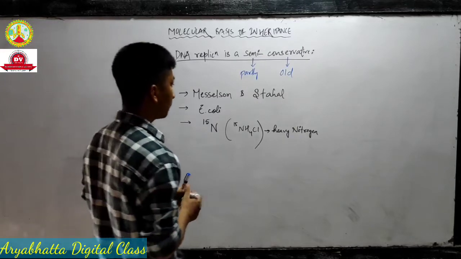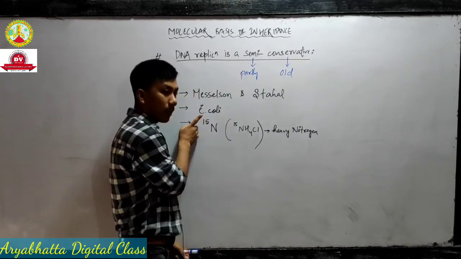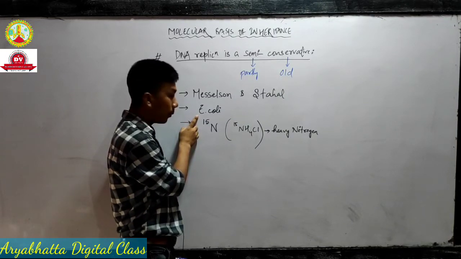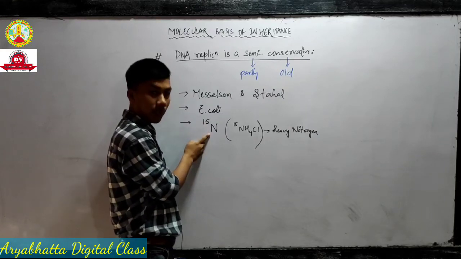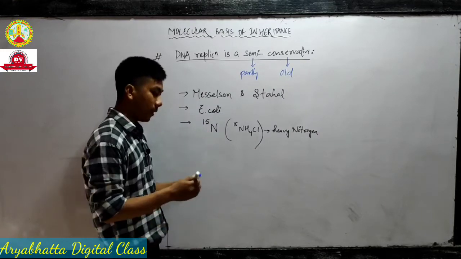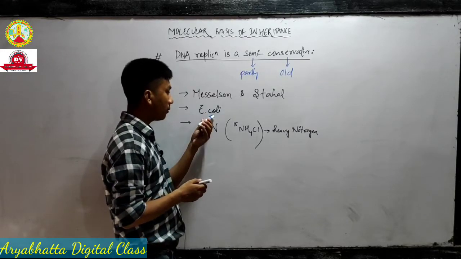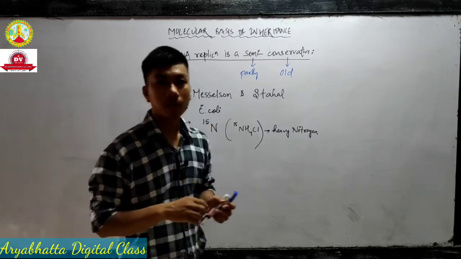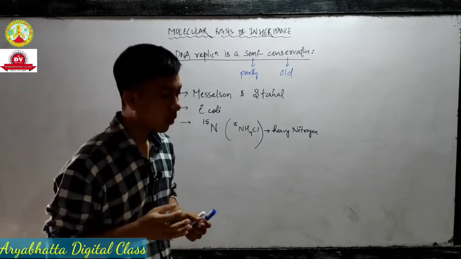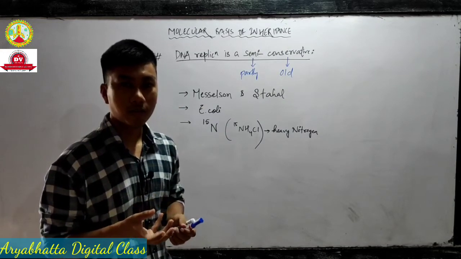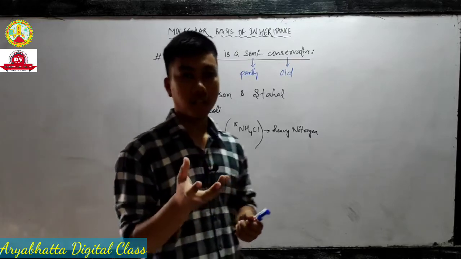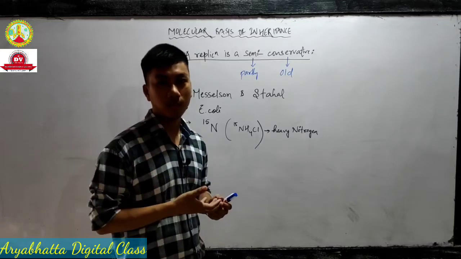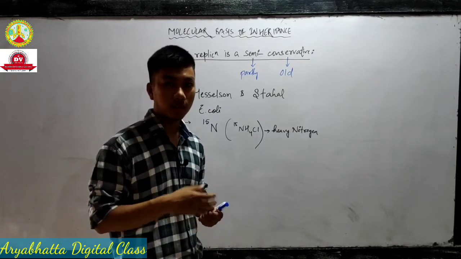Next, what they did: they allowed E. coli to divide, that means to reproduce, with N15 in a medium. In simple words, they mixed heavy nitrogen with the bacteria E. coli, and allowed the bacteria to divide.